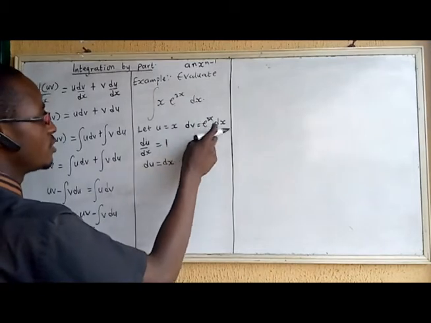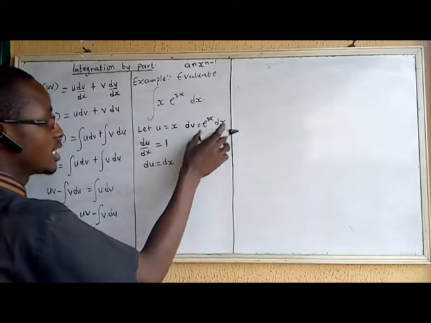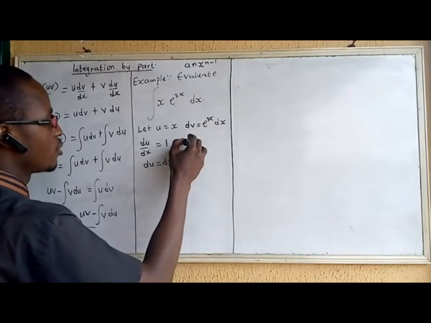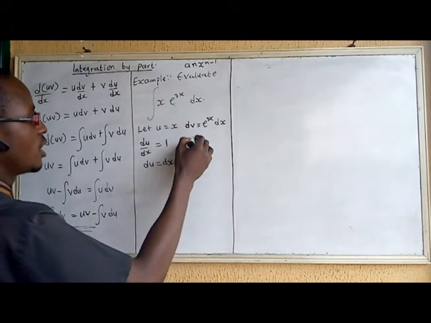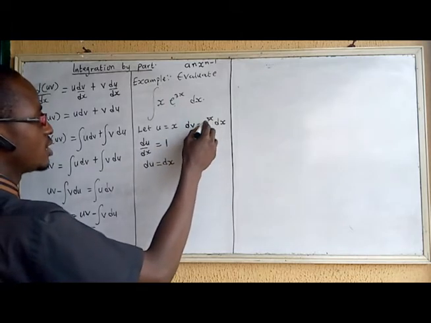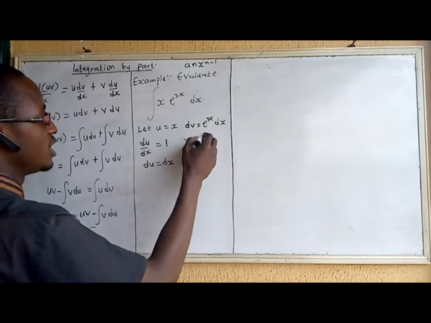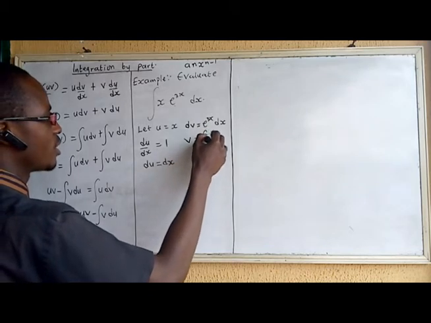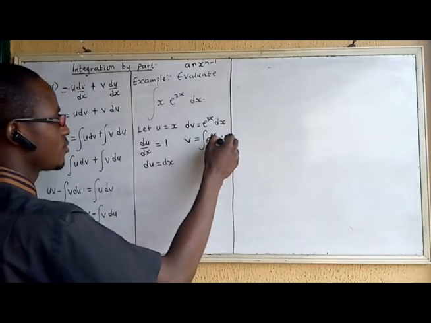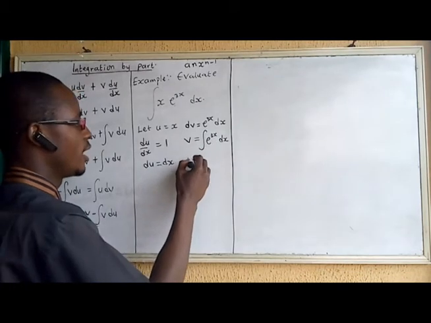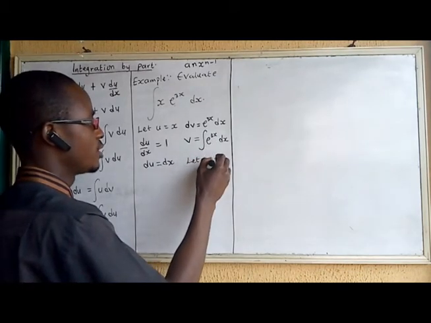If we are to integrate this side, just dv, to get our v, we put the integral sign and remove the d. Then to integrate this, we use a different technique: the integral of e raised to power 3x dx, where we let a equal 3x.